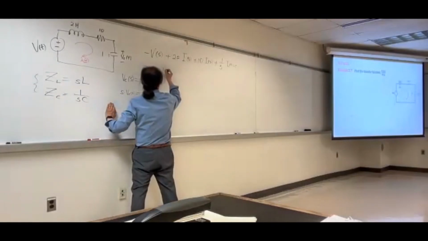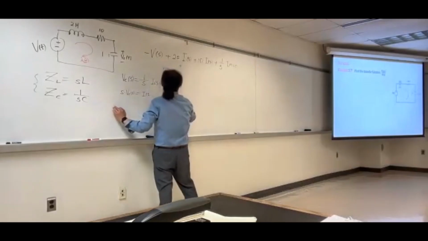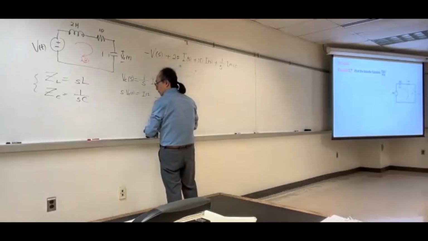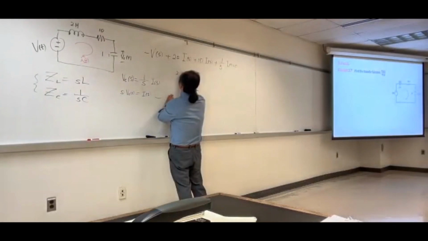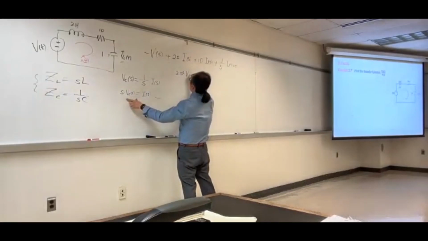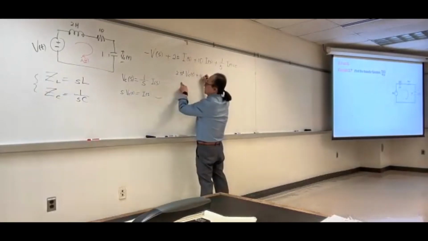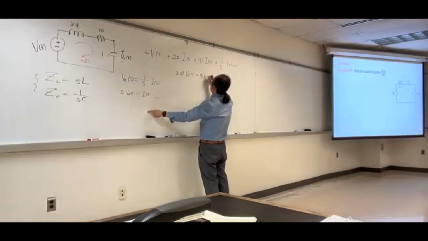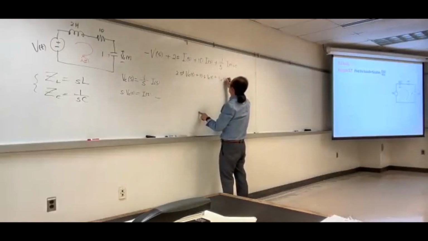Now we're going to put that into here and here. Then 2S squared Vc(s) plus 10S Vc(s) plus Vc(s) equals V(s).